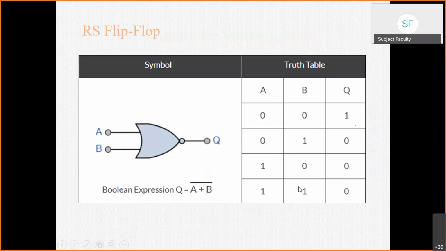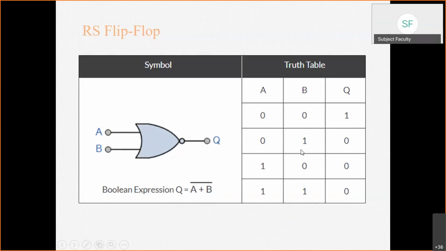Just remember, the output of the NOR gate will be 1 only when both inputs are 0, otherwise the output will be 0. Or for the sake of understanding, remember like this: if any one of the inputs is 1, meaning one input has gone high, that means the output will be 0.